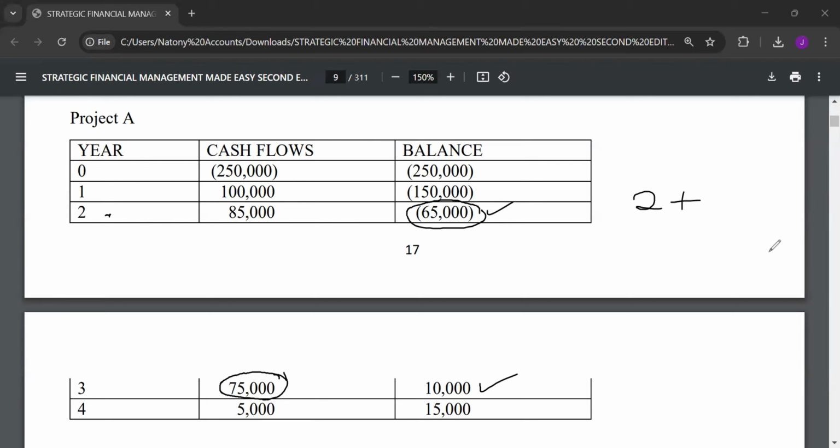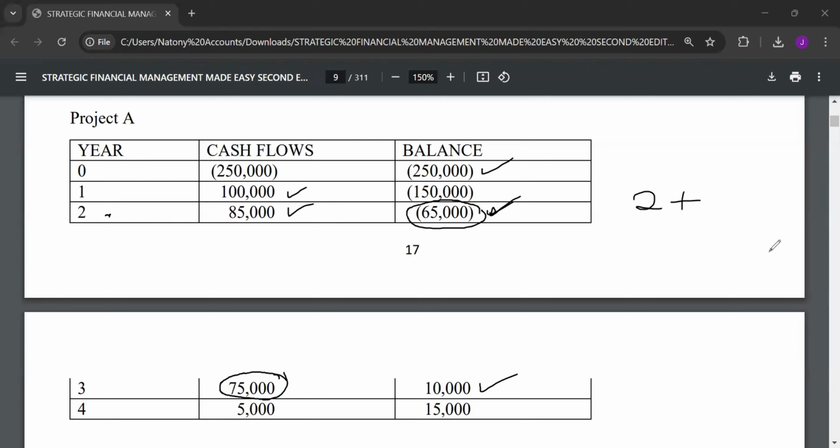So initially, the project was 250. Your initial outlay was 250, right? In year 1, you have received 100. You are left with what? 150. In year 2, you've received 85. You are left with what? 65. So in year 3 now, you are receiving 75.